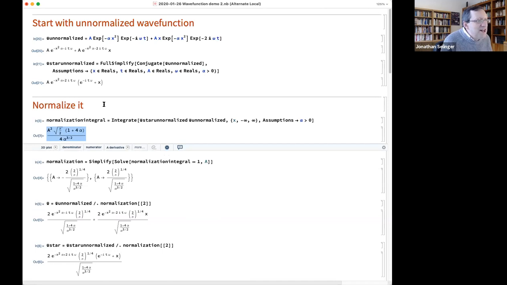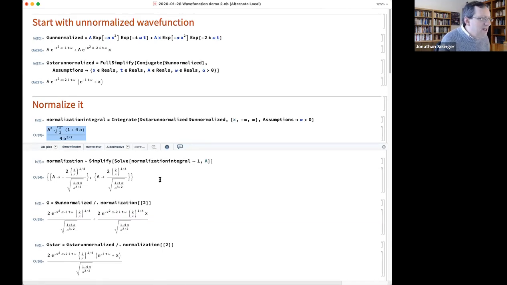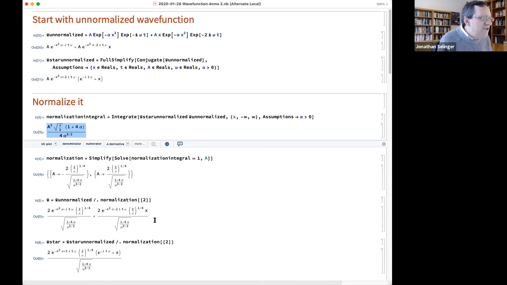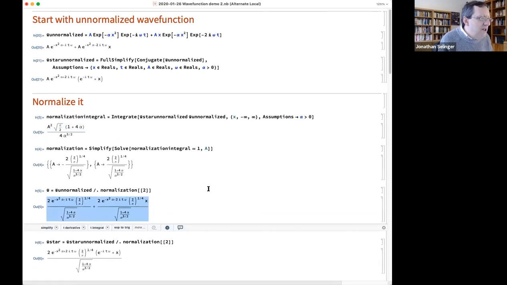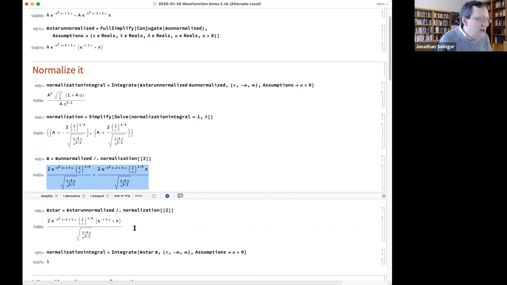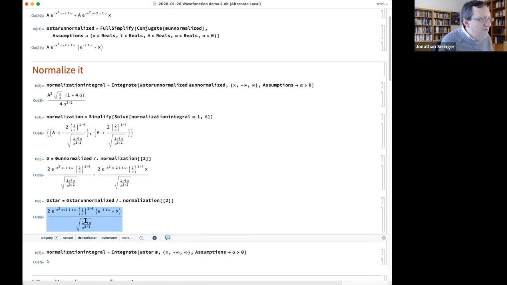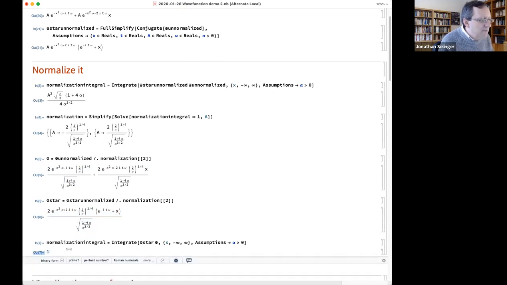Now I'm really glad I have a computer to do the integration for me. Okay, so I get, a can be plus or minus this thing. I'll choose the positive one. Okay, so with that assumption, I get this function for psi and this function for psi star. And the normalization integral is 1.